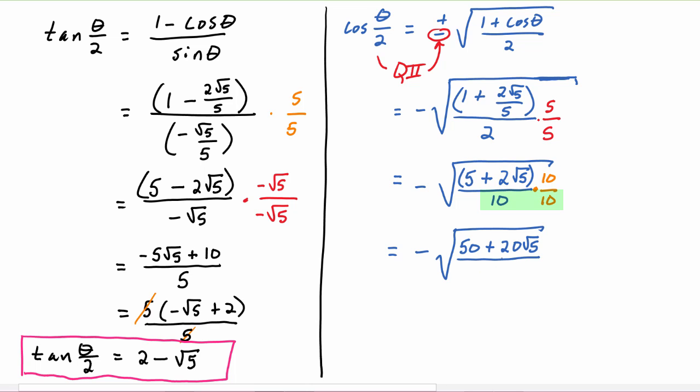In the denominator, we have 10 times 10 is 100, and that 100 is going to come out in the denominator as a 10, and the numerator is radical 50 plus 20 radical 5. And that's the simplest form. There's no perfect square that we can pull out of there. So this is the cosine of theta over 2.